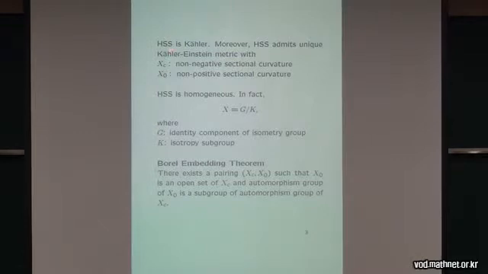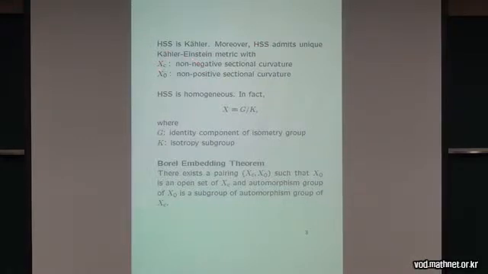Now, every Hermitian symmetric space, even though the metric is just Hermitian, is actually Kähler. And moreover, it admits a unique Kähler-Einstein metric. So this is not just any Hermitian metric, but it's a Kähler-Einstein metric.